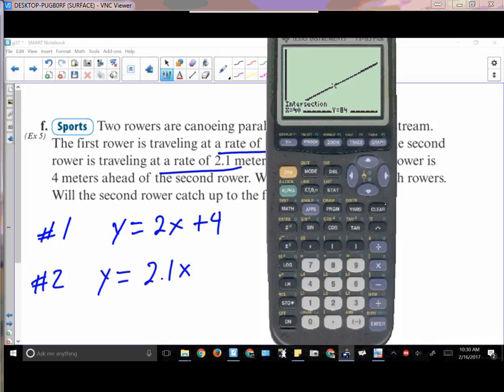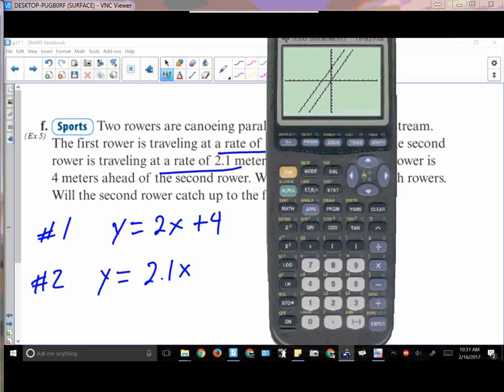So let's check here. Reset. Yep. So, first equation I'm going to put in is 2x plus 4. Next one is 2.1x. So if I graph them out, this is what I see. Now your normal graphs that you get, do it on a 10 by 10 grid, this is what you're going to end up seeing.